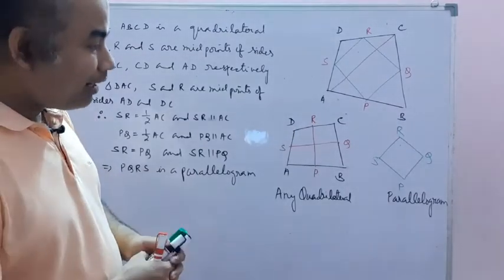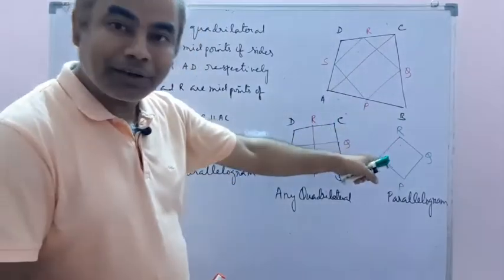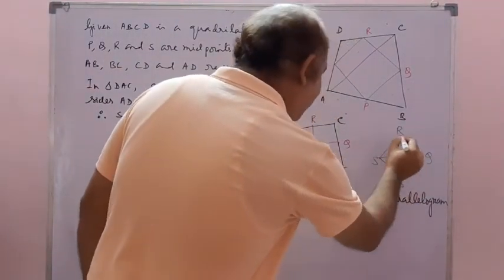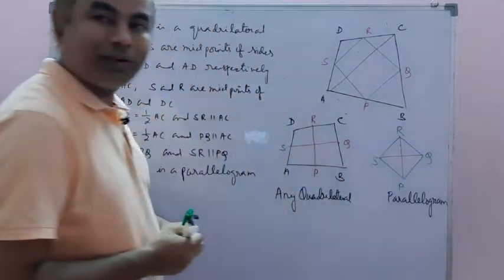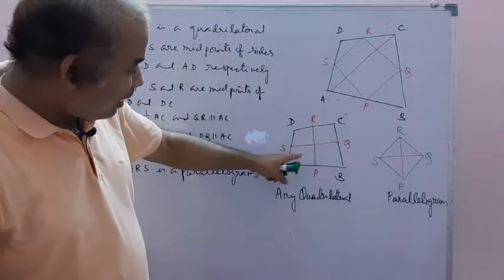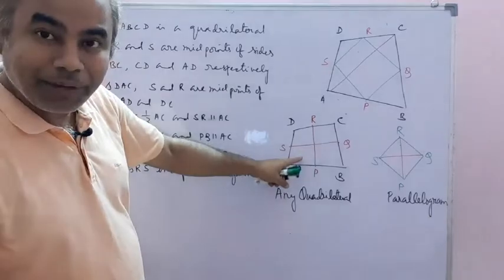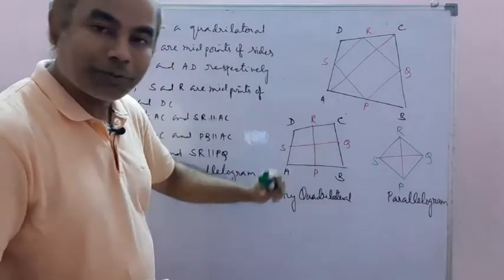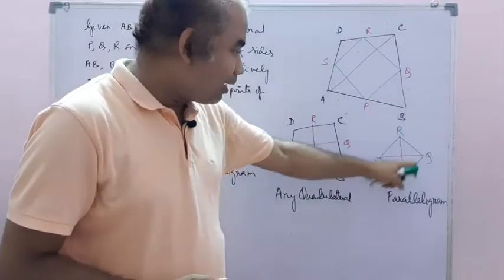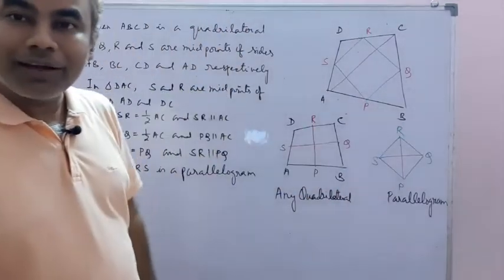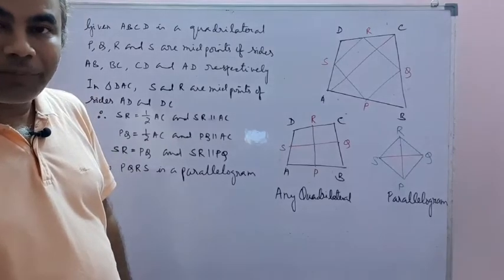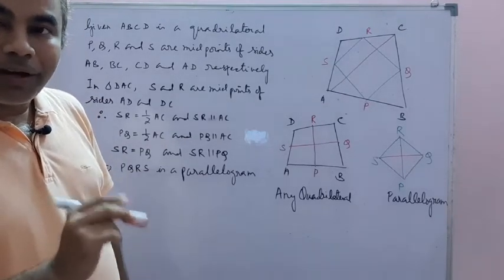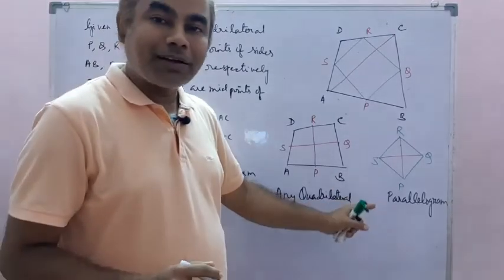Okay, now that SQ is in this quadrilateral. That SQ is this one, and that PR is this. That means in quadrilateral ABCD, the line segments joining the midpoints of opposite sides are PR and SQ, and they are diagonals of the parallelogram PQRS. And what is the property of diagonals of a parallelogram?